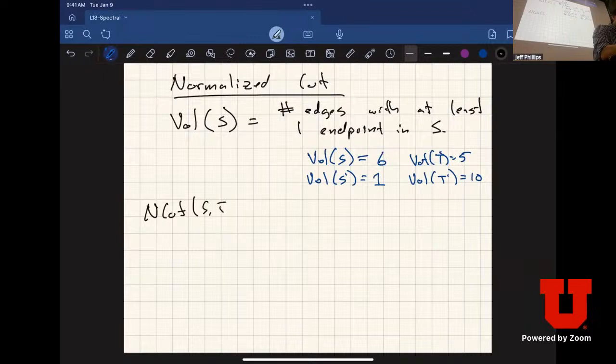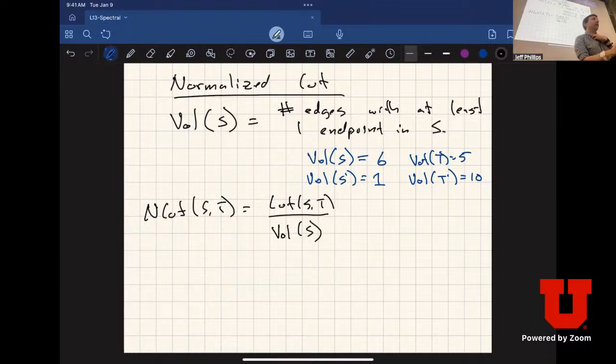Now we can define the normalized cut of S, T. It's going to be the cut of S, T divided by the volume of S. This is not symmetric. I want the cut to be small and the volume of the subset I found to be large, so I have a lot of edges involved in that side.